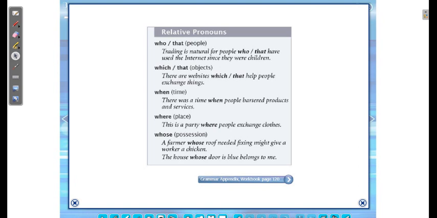When, time: there was a time when people bartered things and products. Where, place: this is a party where people exchange clothes. Whose, possession: algo que posees, algo que te pertenece a ti. A farmer whose roof needed fixing might give a worker a chicken. Or the house whose door is blue belongs to me. Yes?